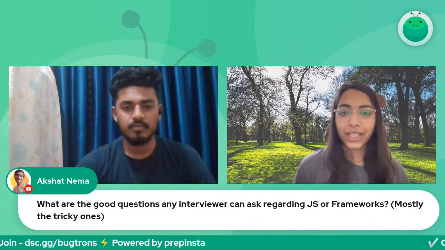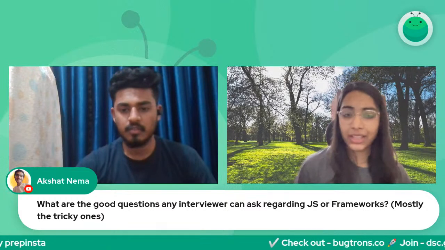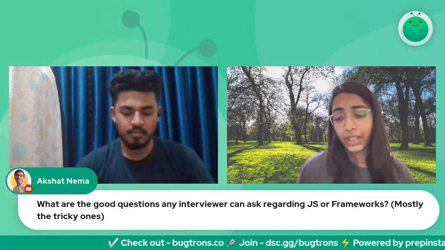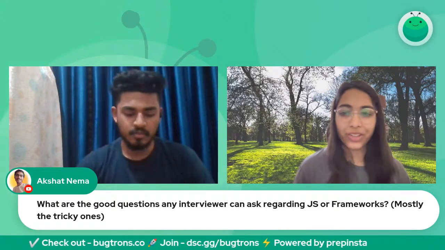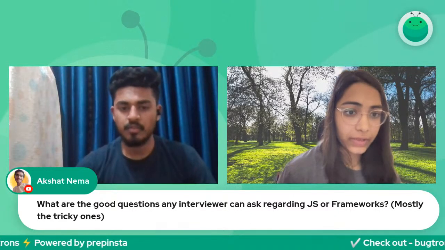A lot of people get stuck in questions with setTimeout. There is a type of question called composition questions, and people get stuck with that. These are some of the trick questions. They just get stuck on the very basics.